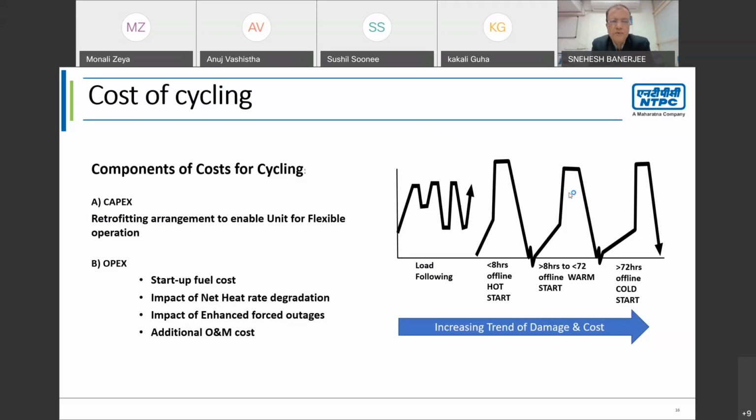And of course, the operational expenditures are also associated, which are startup cost, heat rate degradation, the enhanced forced outages impact, and additional wind costs. So if we see the different modes of flexibilization, as we move towards the right, an increasing trend of cost is associated.